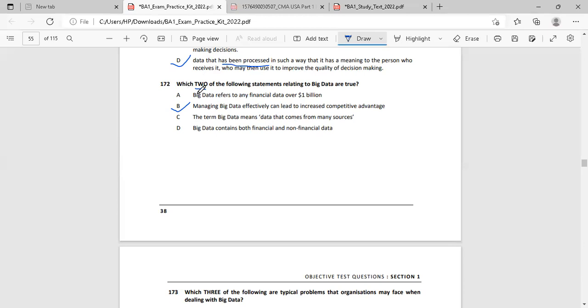But then now we have C and D. Only two are asked to be selected. So big data contains both financial and non-financial data. So it is data that has financial data, non-financial data, structured data, unstructured data.